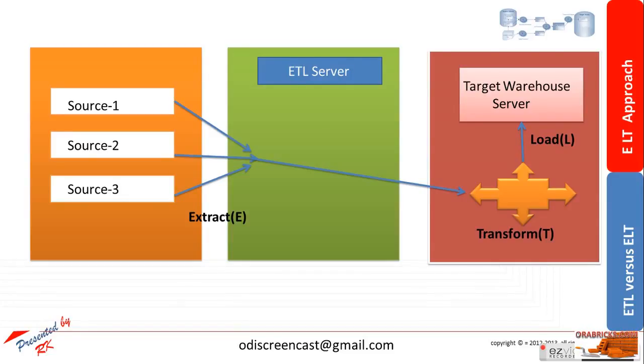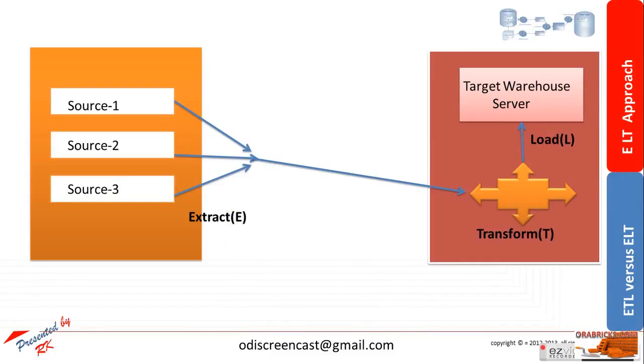The reason is, nowadays your target warehouse OLAP servers like Oracle, Sybase, Teradata are capable of handling multiple transformations and large data sets, like 40 million records or more than that. They are capable of handling big volumes, and they are capable of handling multiple transformations simultaneously. So you don't really need to have an ETL server in the ELT approach.